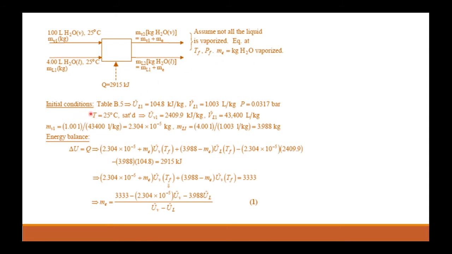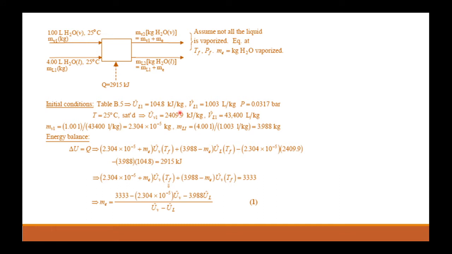Now, the initial condition, we will take table B.5 and look for the internal energy of L1 over here and the specific volume of L1 at 25 degrees Celsius. And we'll also take the pressure down.